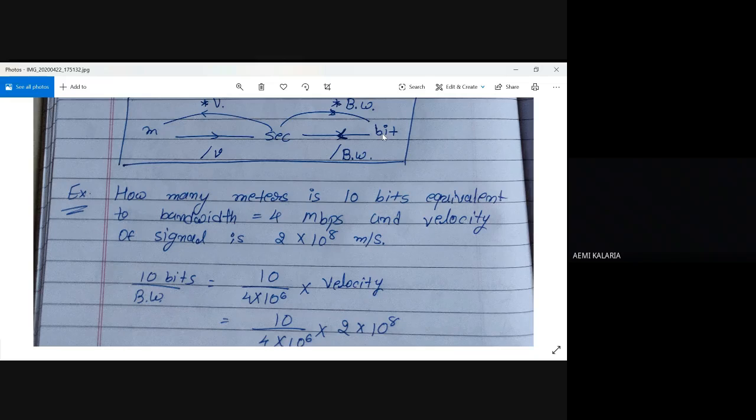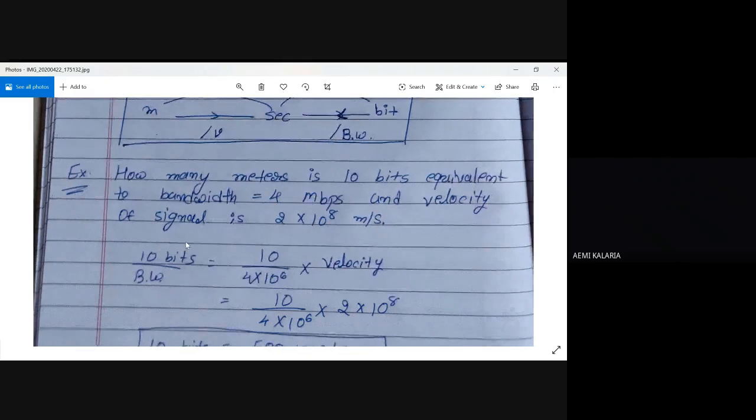So simple. First we have to convert bits to seconds, and seconds to meters. Likewise we have to convert, right? So first, through this representation, what you can identify: bits divided by bandwidth. If I do that, then I'll get seconds, right?